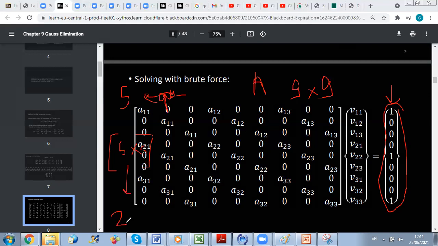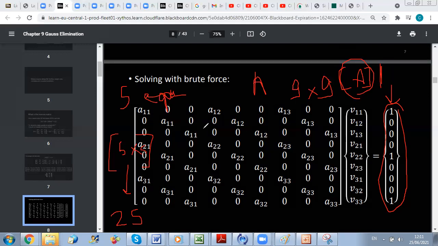If I'm solving initially for A times x, x is just 5 unknowns, but I want to solve for A minus 1. To solve for it, I will need to do 5 times 5, which is 25 unknowns to solve for. So Gauss will take a lot of time.